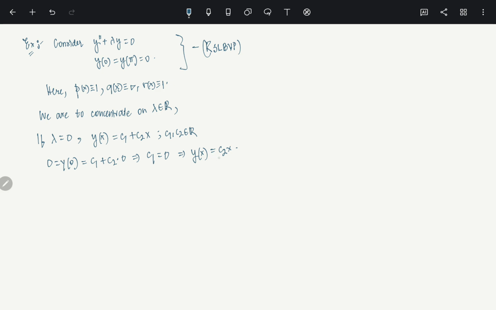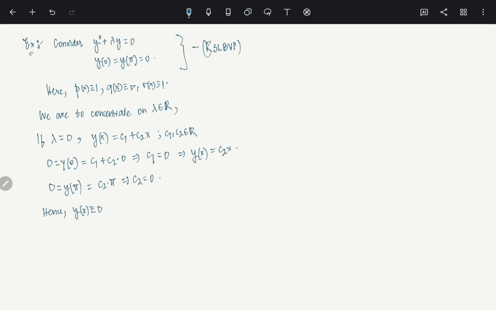It also has to satisfy the other condition, 0 equals y at the point pi, which is nothing but c2 times pi. So c2 times pi is 0, which implies c2 has to be 0. Hence c1 and c2 are 0, so y of x is identically equal to 0. That is the only solution available.